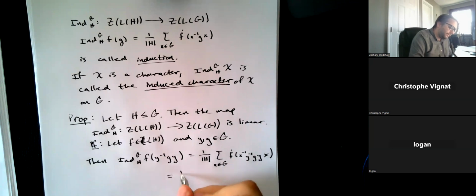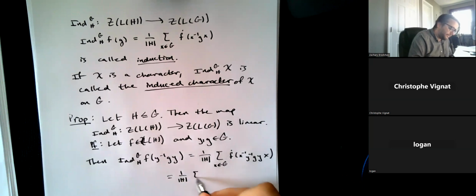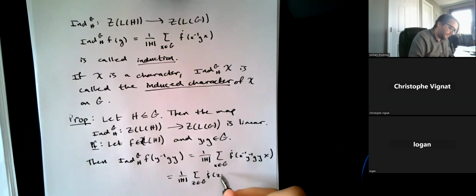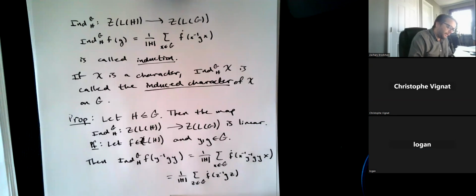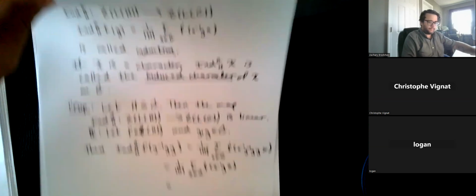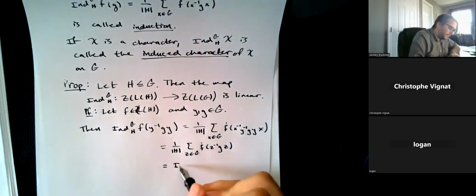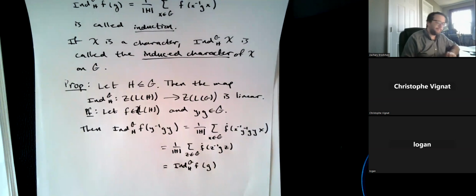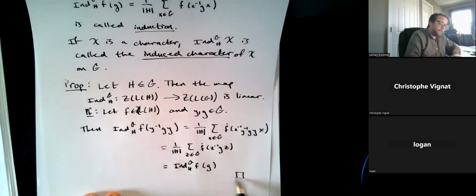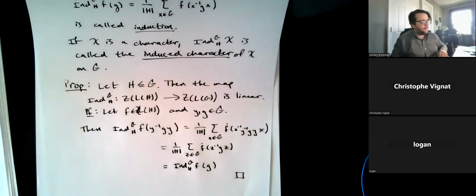And this is equal to 1 over the order of H, the sum over z in G. I'm doing a change of variables here, so we're setting z equal to yx. And then this is equal to the induction from H to G of f applied to g by definition. Okay, so that shows that the induction map sends a class function to a class function.